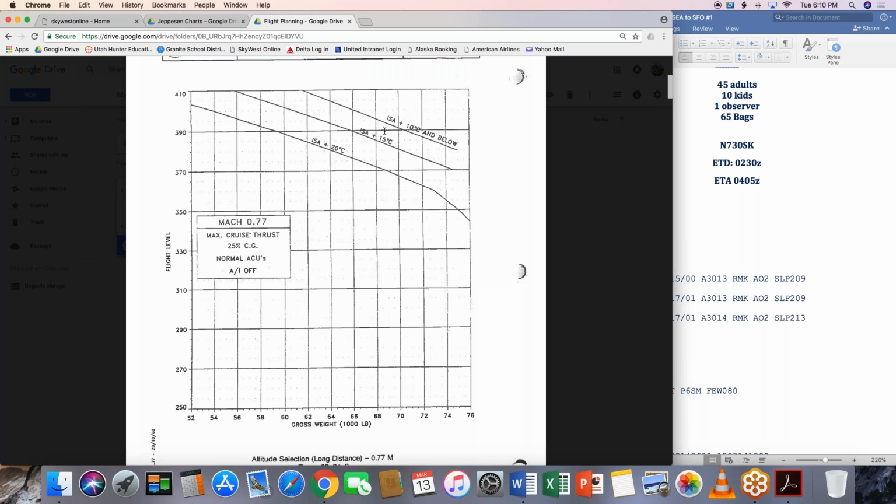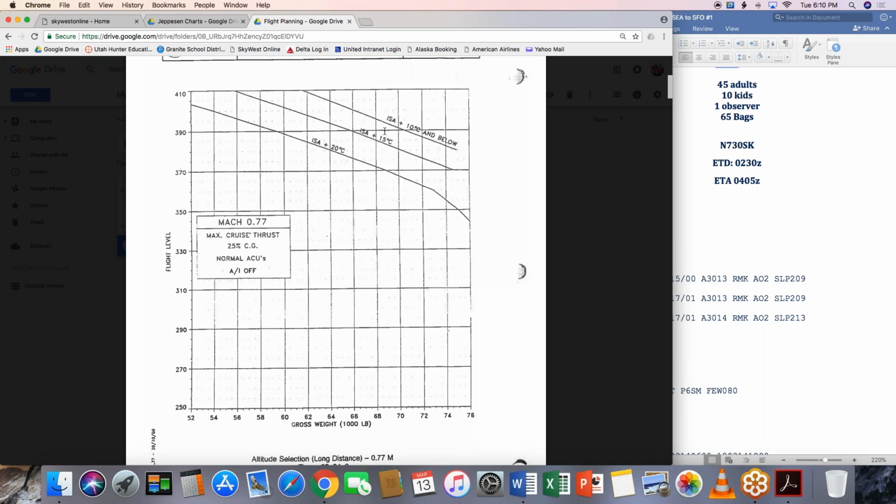So pull out your weight and balance charts. What was our gross weight? What was our takeoff weight? Takeoff weight we call MTOW, right? MTOW. 62,833? 63,000 pounds.